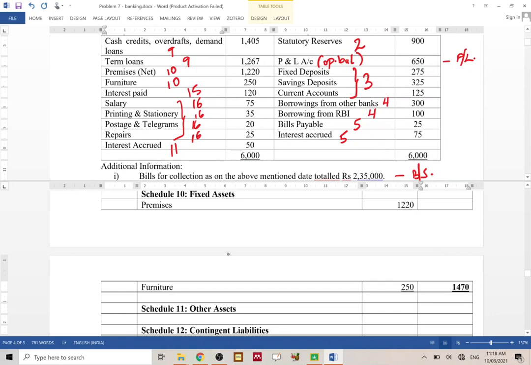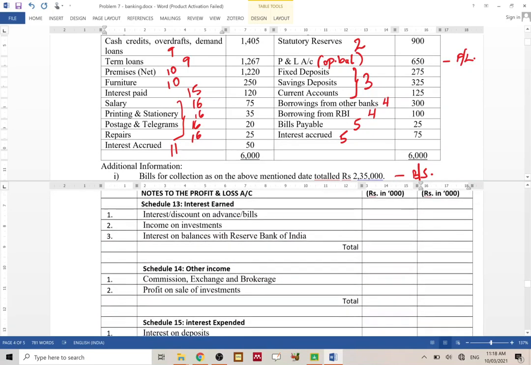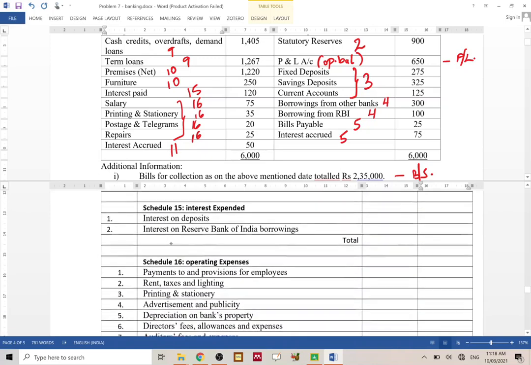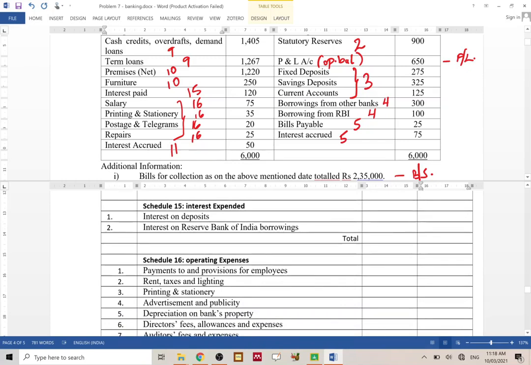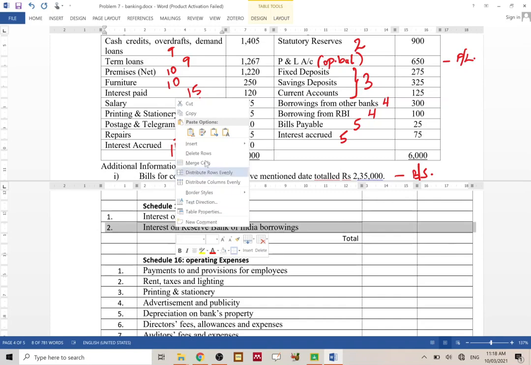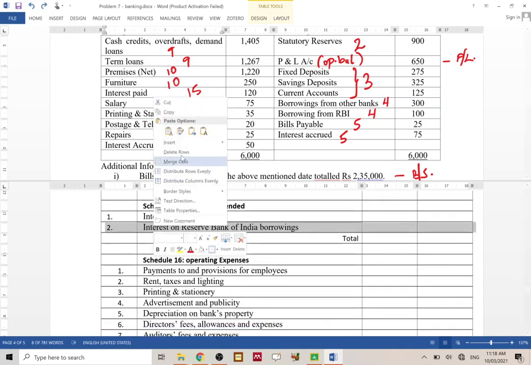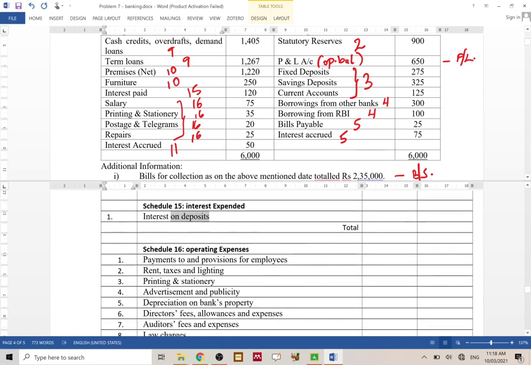Then what else have we got? Interest paid. Moving on now to the profit and loss schedules. Interest paid under schedule 15 is 120. Whatever is not required, let me delete that. And I'll just say under interest expended, interest paid.